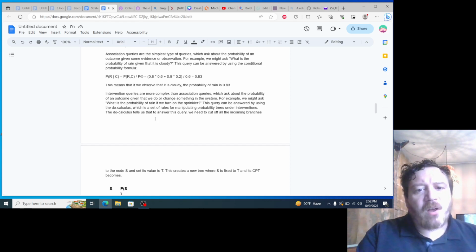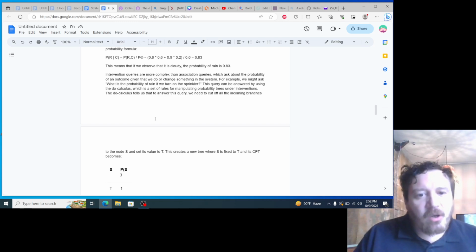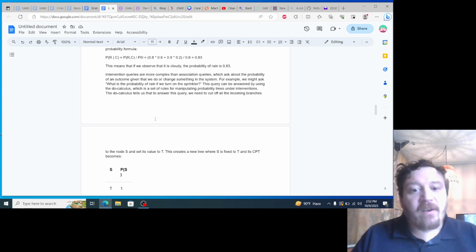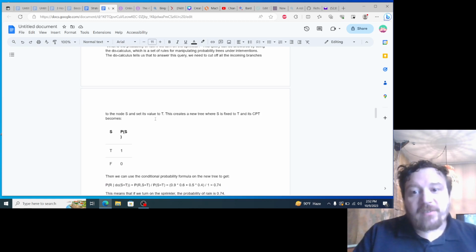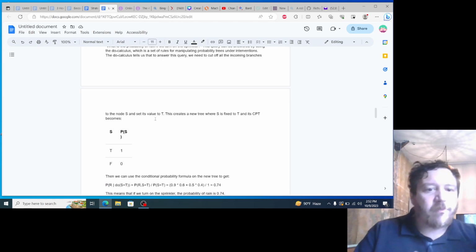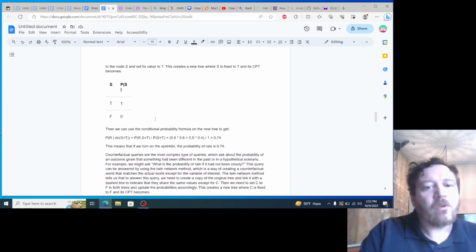The do calculus tells us that to answer this query, we need to cut off all of the incoming branches to the node, which is S, and set its value to T. This creates a new tree where S is fixed to T, and its CPT becomes essentially a true-false statement. That's the bottom line. We're looking at true-false statements.